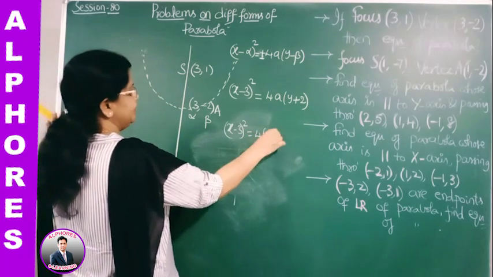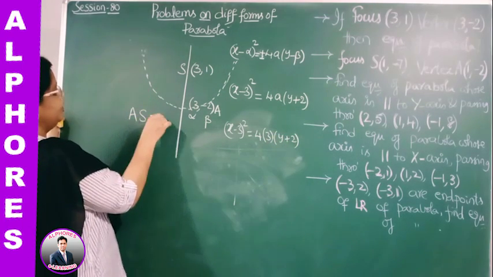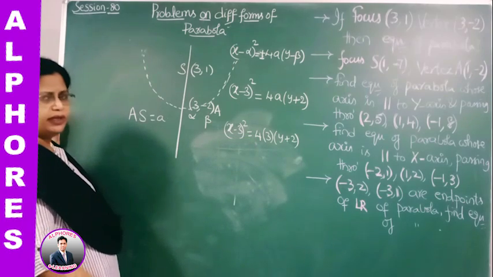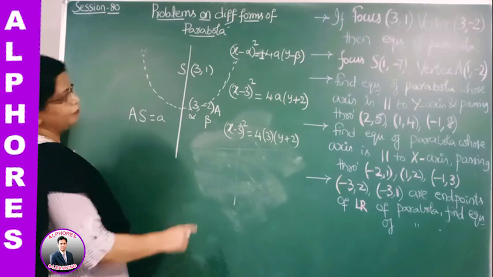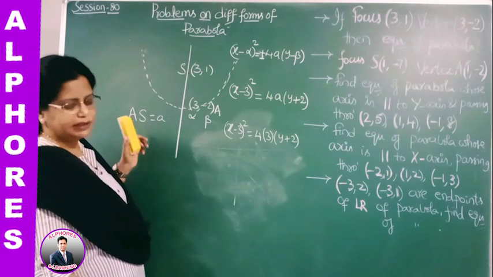Therefore this is 3 into y plus 2. We know that AS is equal to small a. And now if you simplify this, that is our standard equation of parabola. Okay, so this is the method when focus is given and vertex is given.